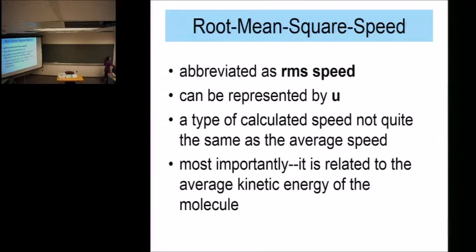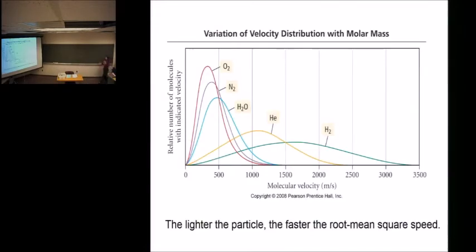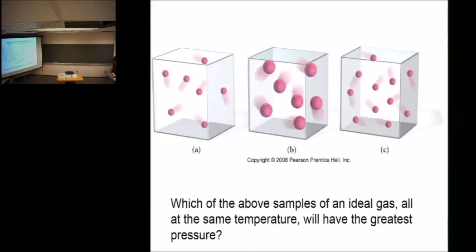And we can see that if we take a look at their different speeds. Now remember, they're not all traveling at the same speed, but the lighter the particle, what does it do? Faster. The heavier the particle? Slower. Exactly.